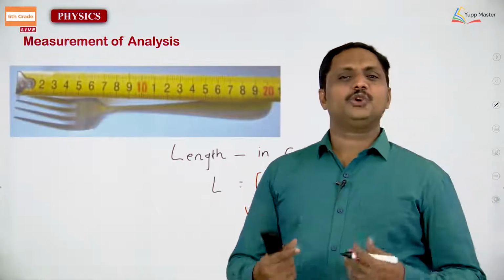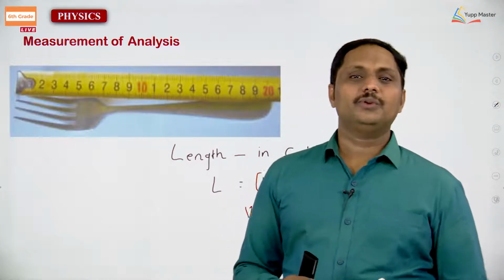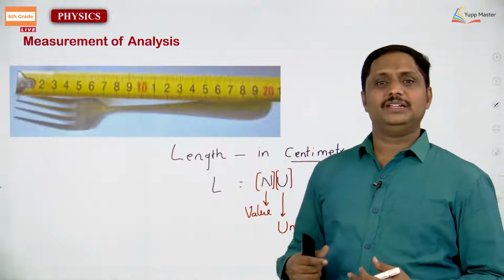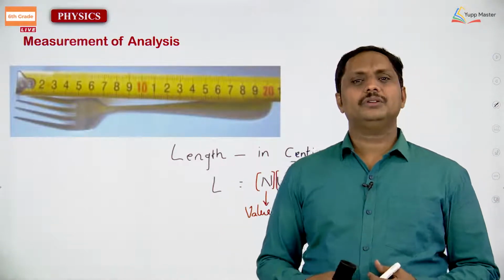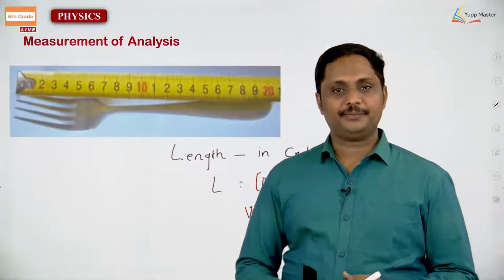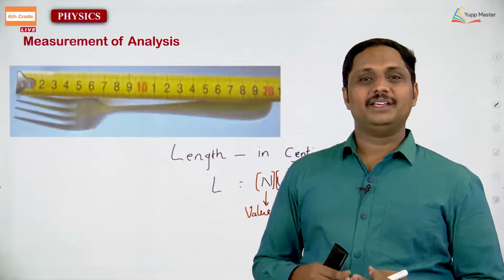Suppose you go to the shop to get sugar. How will you ask for it? In terms of grams or in terms of kg. Otherwise you cannot get that quantity.